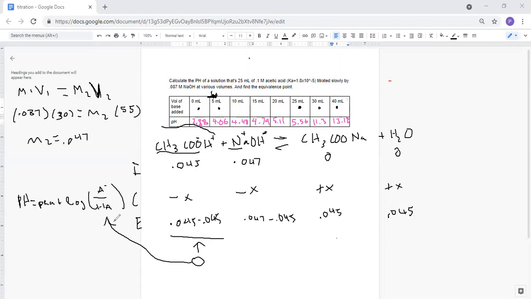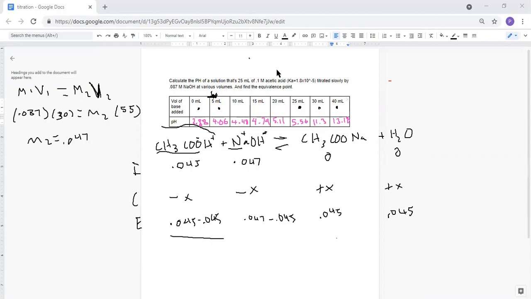Where are we going to put the HA? Down here, and if it's 0, it's not going to make sense. You can't divide by 0. And that's why I said at the equivalence point and past the equivalence point, we no longer use the buffer equation.